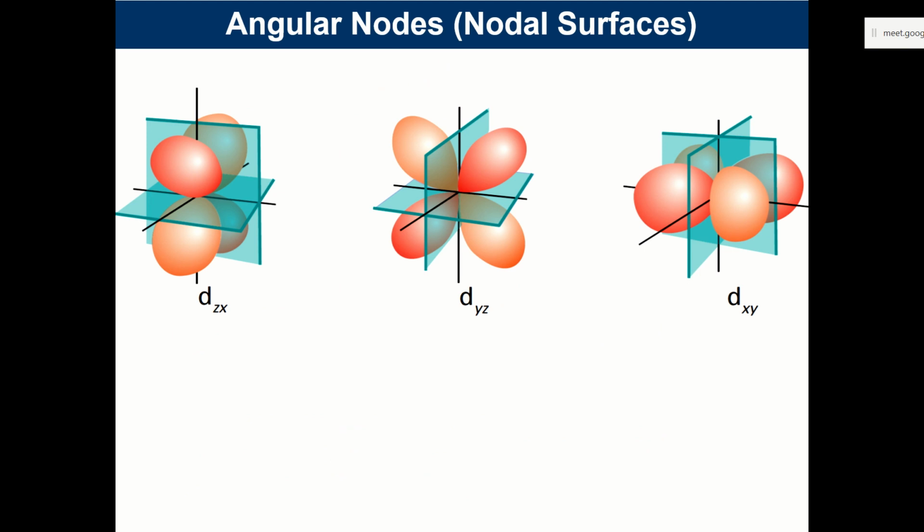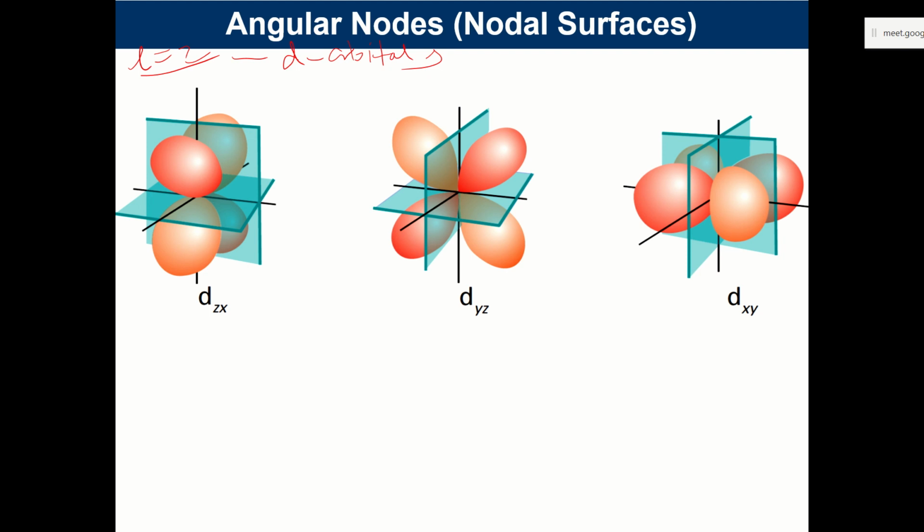Similarly, if we move to the L, when L is equal to 2, it is d orbitals. We are talking about d orbitals, and this is how the d orbitals look like. So these are three types of, इसमें क्या आप देख रहे हैं, जो lobes है, lobes of the orbitals.